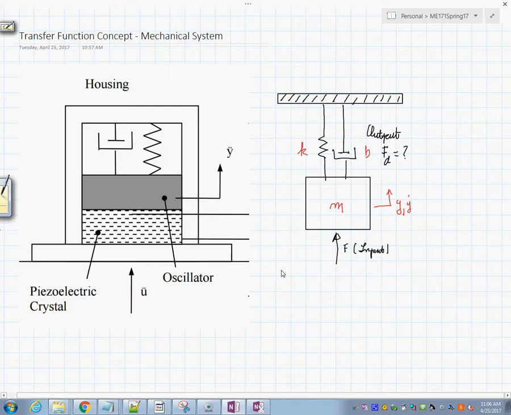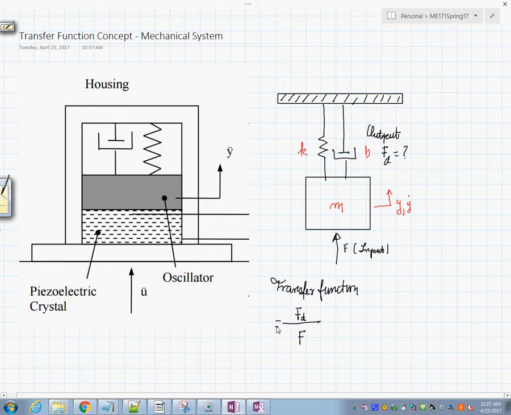So we make a definition as to what the transfer function is. Transfer function is a relationship between the output, which would be F of the damping, in relationship to the input in here.